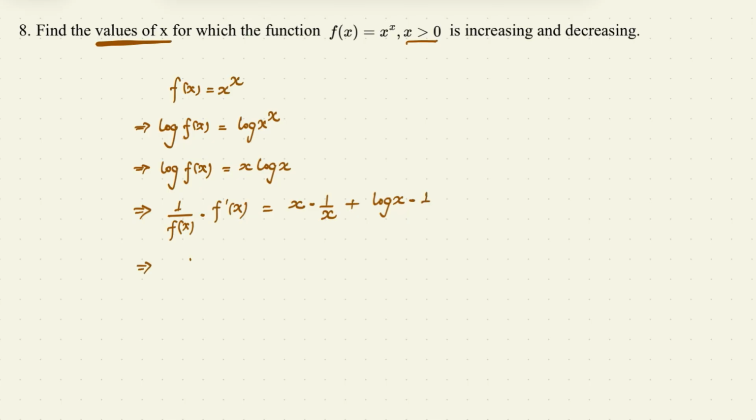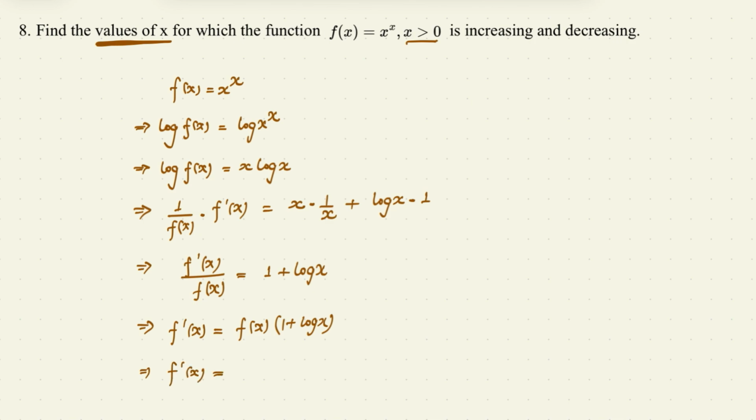So this implies f dash of x by f of x equals 1 plus log of x, and this implies f dash of x equals f(x) into 1 plus log of x. Now since we know the value of f(x), let us put it here. The function f(x) is x to the power x, and it is 1 plus log of x.